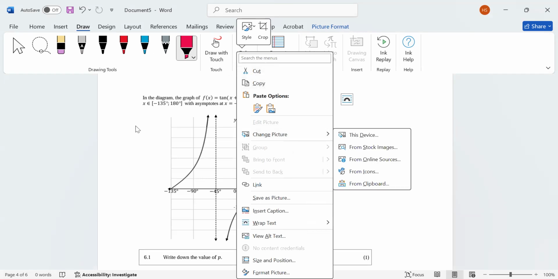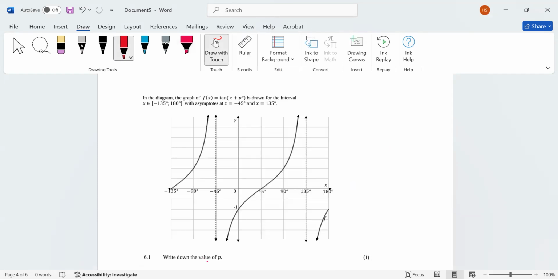Then in 6.1, they say we should write the value of p.